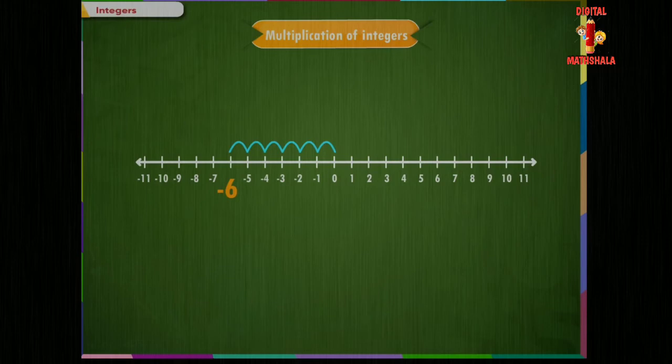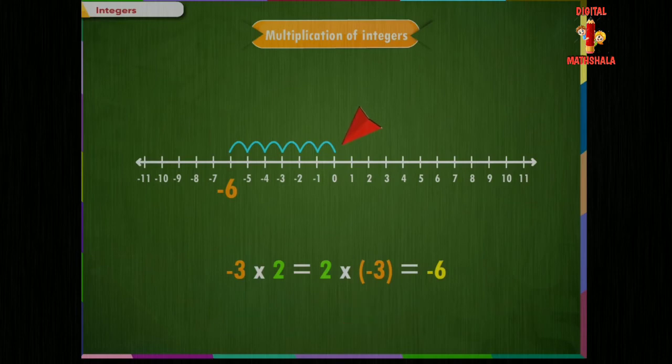Another interesting fact about multiplication is that minus 3 into 2 is equal to minus 6, which is the same as 2 into minus 3. Now, 2 into minus 3 means minus 3 is added 2 times. We can see this representation on the number line.